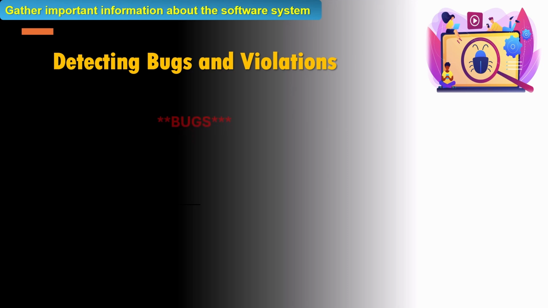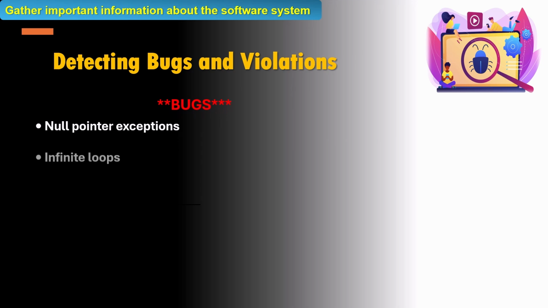Null pointer exceptions occur when the code tries to use an object that has not been initialized. Infinite loops never terminate, causing the program to hang or crash. Uninitialized variables are used before assigning a value, leading to unpredictable results.